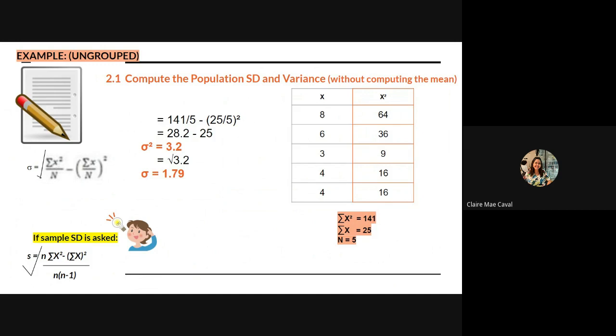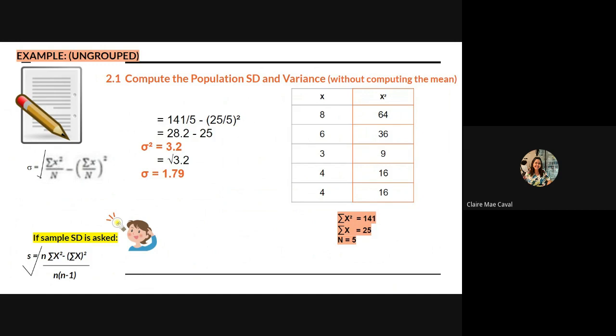Minus, you square the 25, the squared summation of x, which is equal to 625. For the denominator, it will be 5 times 4, because the parenthesis is 5 minus 1, which is 4. So 5 times 4 is equal to 20.